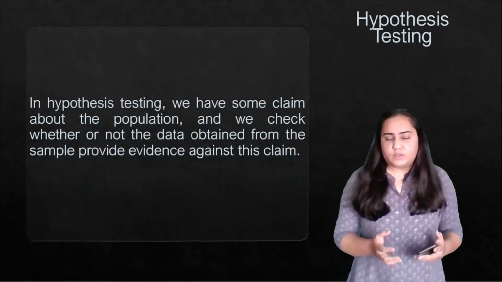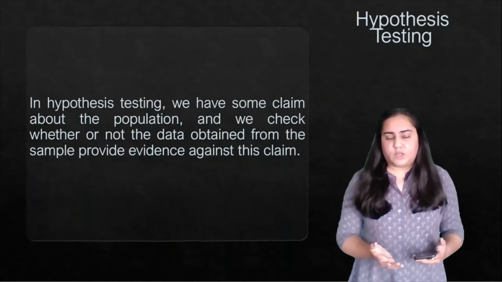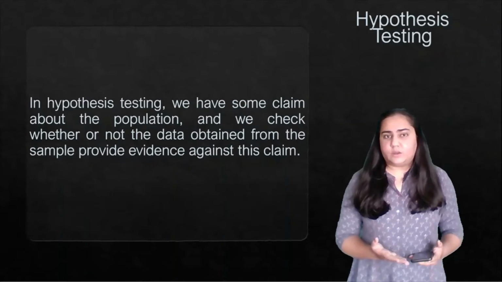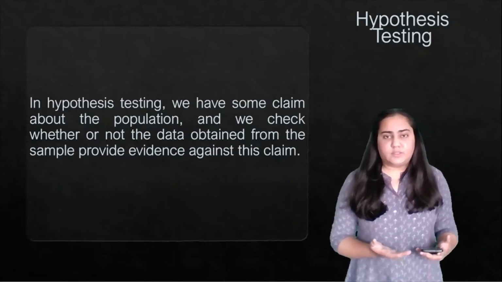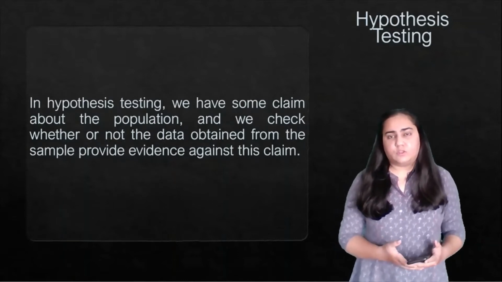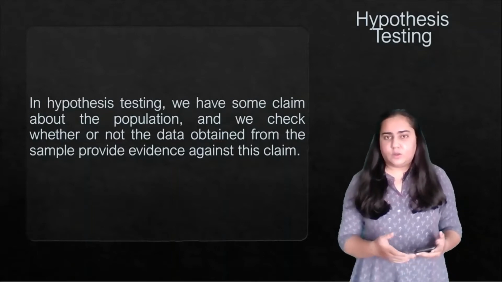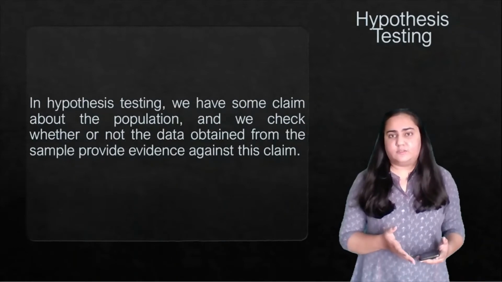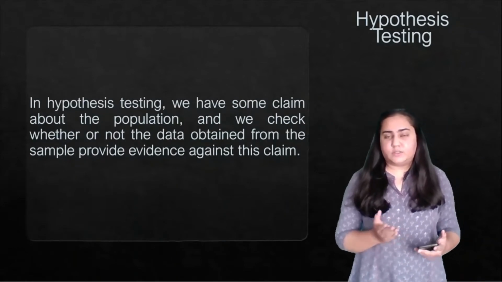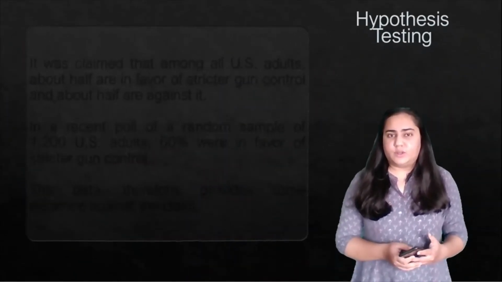So this is all about having some claims and then checking whether or not those claims are correct based on some evidence or data which we have about the sample that we have taken from the original population. We are not going to be discussing this in much detail in this video because I'll talk about it in my next one. However, we are going to go through a small example of this.